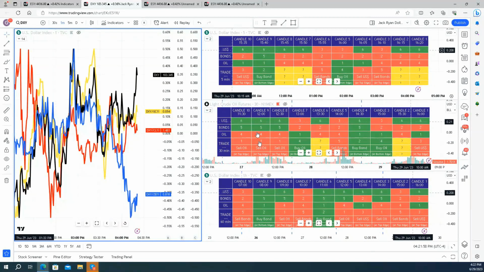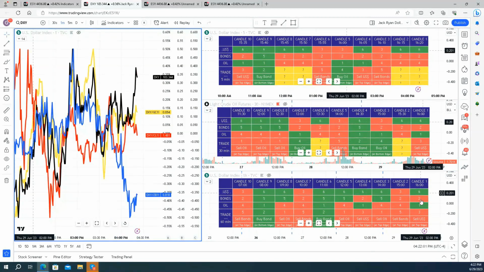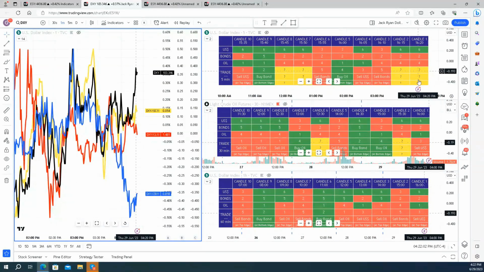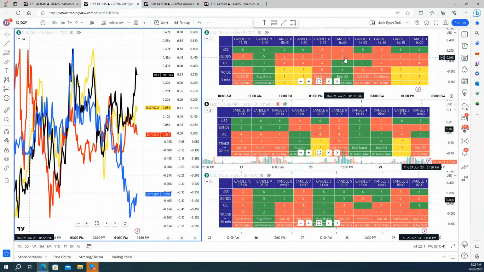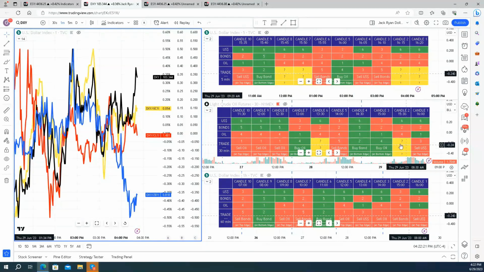So if you look at the 3 time frames and you see this is where you are on the current candle, if there's no outcome, it'll give you a question mark and yellow. These indicators also check the data coming through. So if it does not like the data for some reason that's coming through, it will tell you that as well. So this is what I came up with for the Jack Ryan.